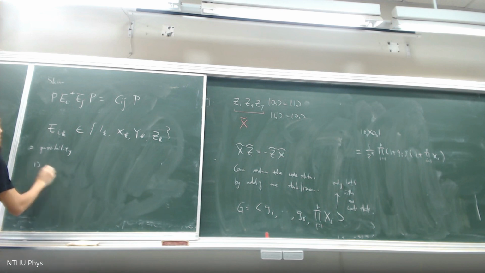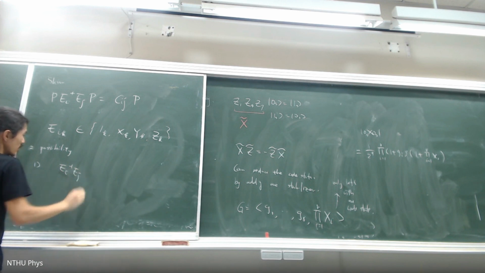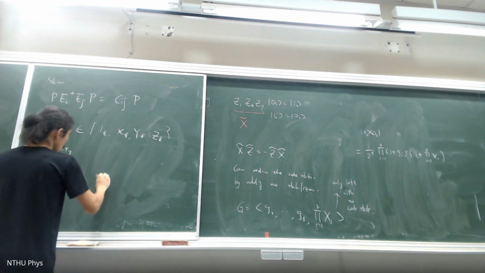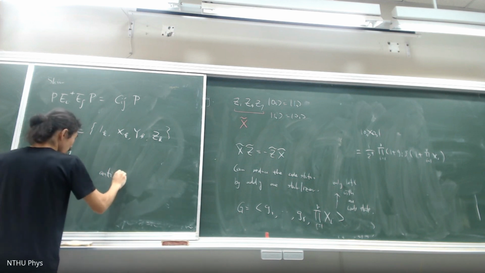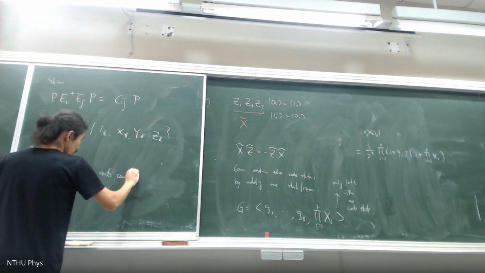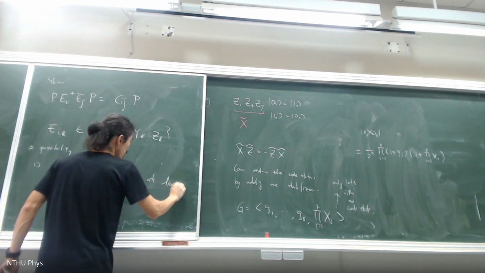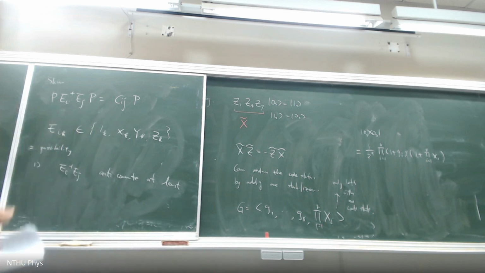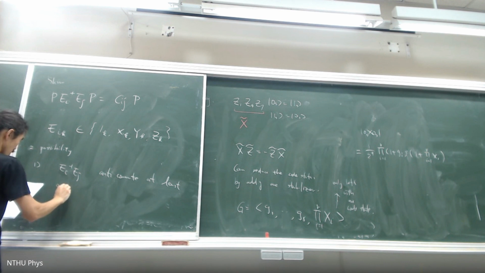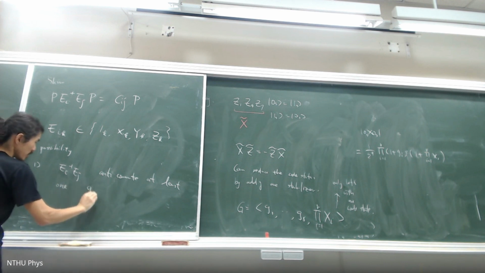So the first is this E_I dagger E_J only anti-commutes, at least. So it can anti-commute with more than one, but at least one stabilizer G_I.